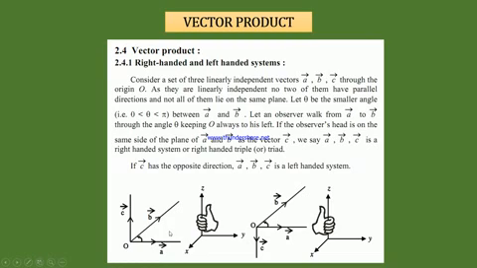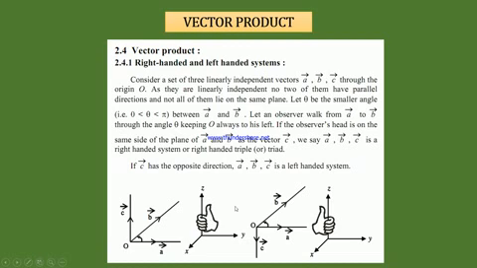If the observer's head is on the same side of the plane of A vector and B vector as the C vector direction, then we say that ABC is a right-handed system.